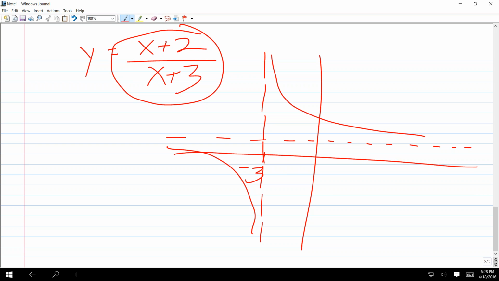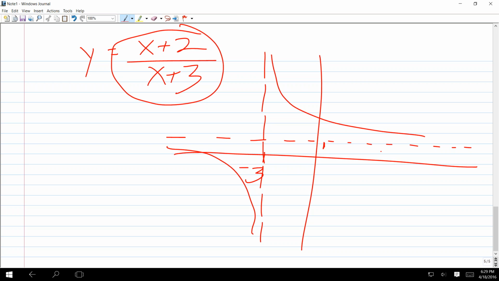So pick a number and we'll be able to tell whether it's on the correct side of my asymptotes. 4. When x is 4, what is y? 6/7.